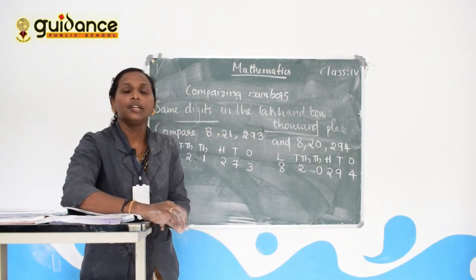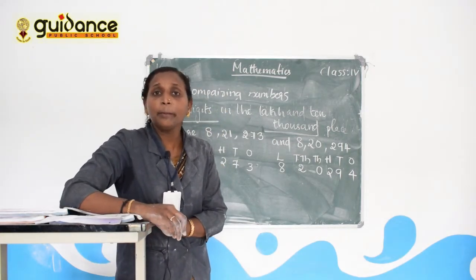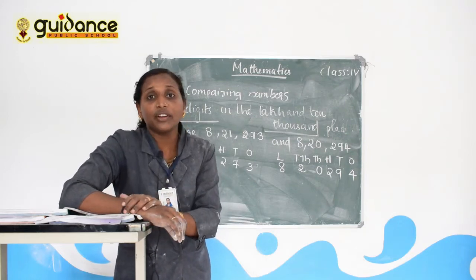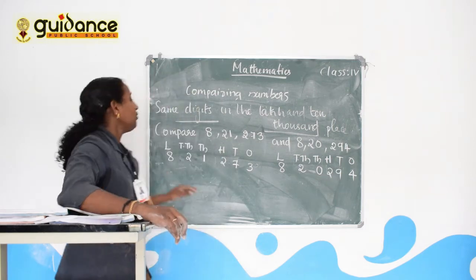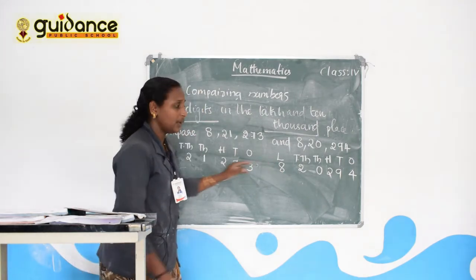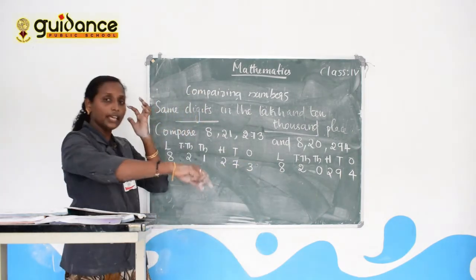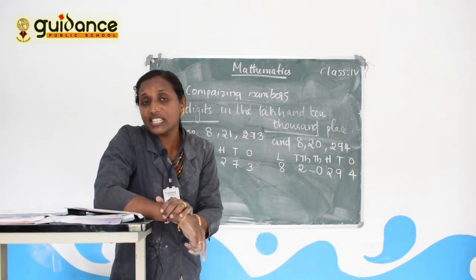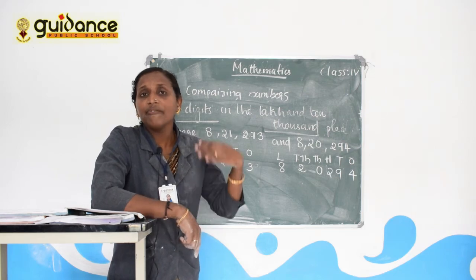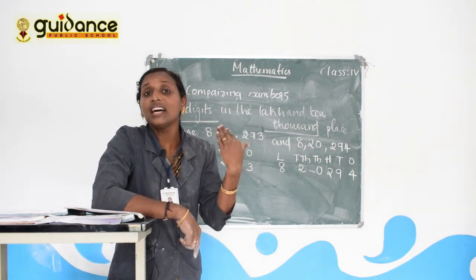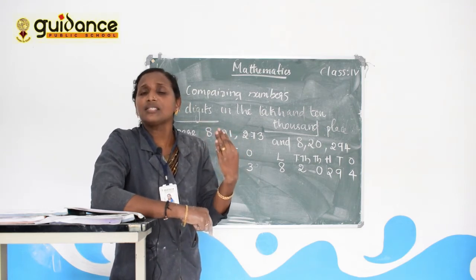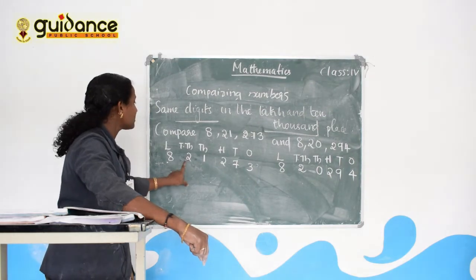I told that we compare numbers with equal digits starting from the extreme left. Look at the lakh place: both numbers are equal, so we can't tell which is greater or smaller. Then we move to the 10,000 place.